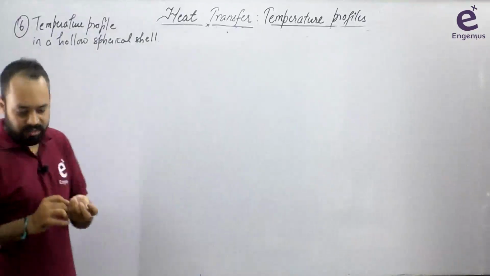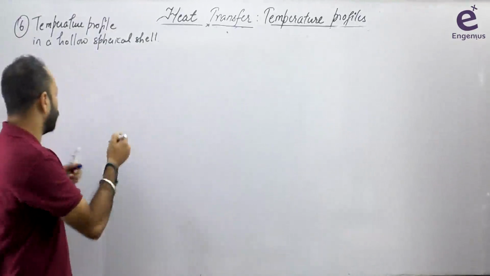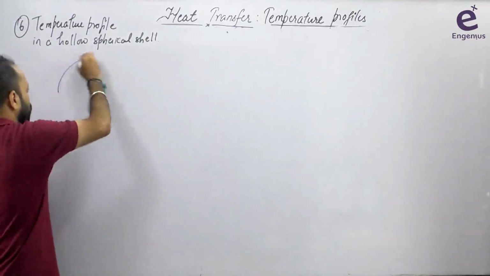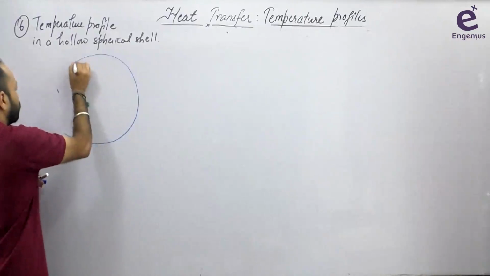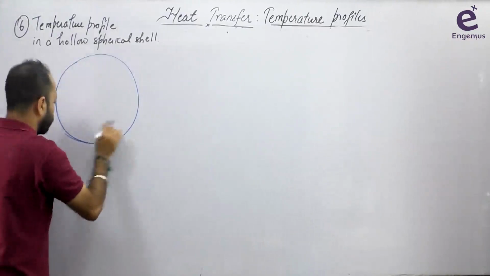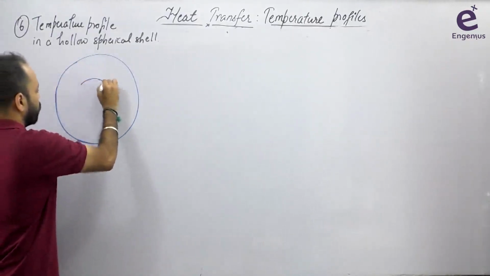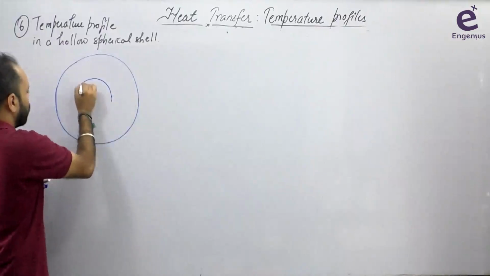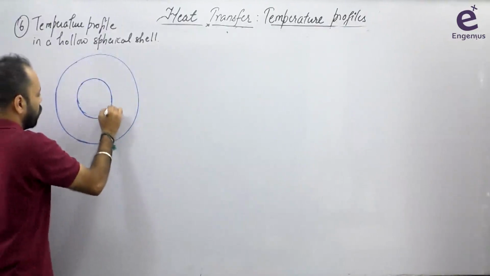So if a hollow shell is there, I am assuming that the inner surface is at a higher temperature, the outer surface is at a lower temperature, and hence the heat transfer is taking place from the inner to the outer surface. Okay, sphere, so it is a shell, so inner space is having some kind of source, can be a fluid.